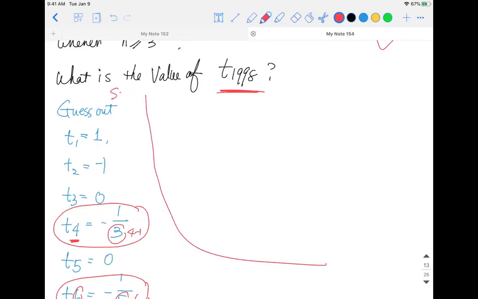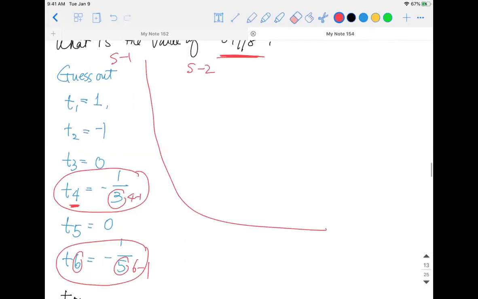Let's try solution 2. Solution 2 is to use the rigorous way, and I'm just going to erase it from here. You're going to find that the rigorous way is very understandable as well. The question asks, what is T1998?